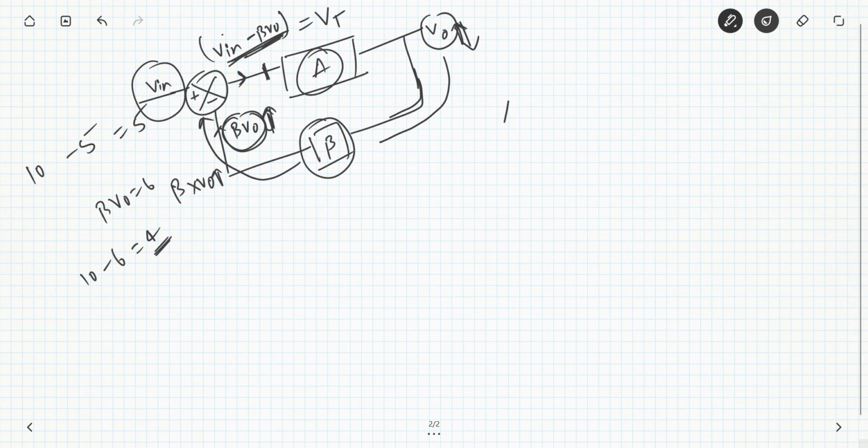The basic idea of negative feedback is whenever the output tries to increase, the feedback loop will bring down V naught, and when V naught tries to decrease, it will do the opposite action, which means increasing it. So this loop continues, and the output remains at a constant value. The average value is a constant value.